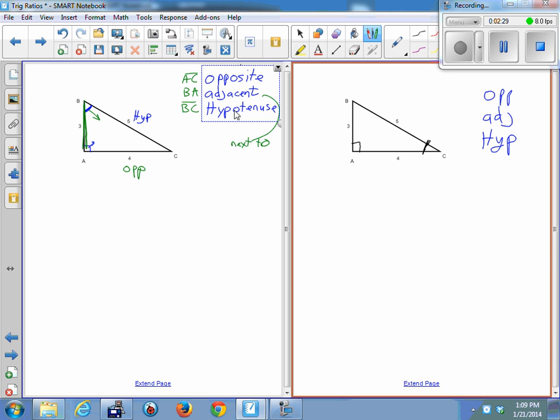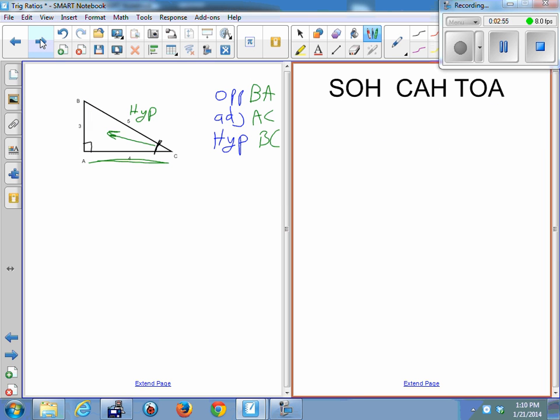The hypotenuse is still BC. This is my hypotenuse. Okay, adjacent is, we'll do opposite first actually. Opposite is the one opposite, so opposite is BA. And then that leaves adjacent as this AC down here. You have to be able to set these up. It depends on what angle we are talking about.